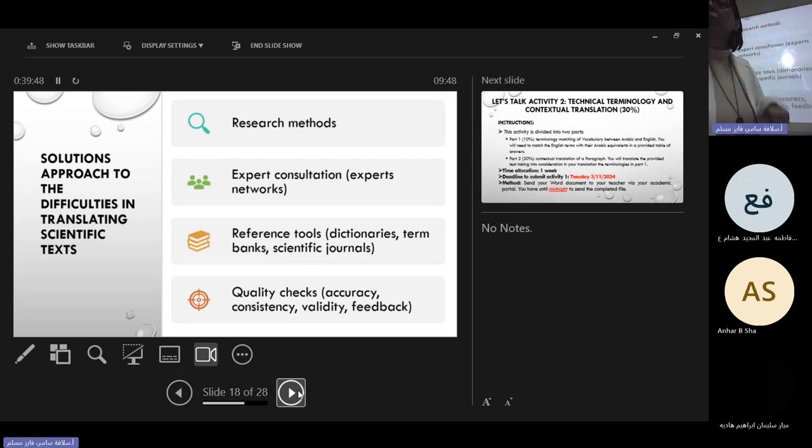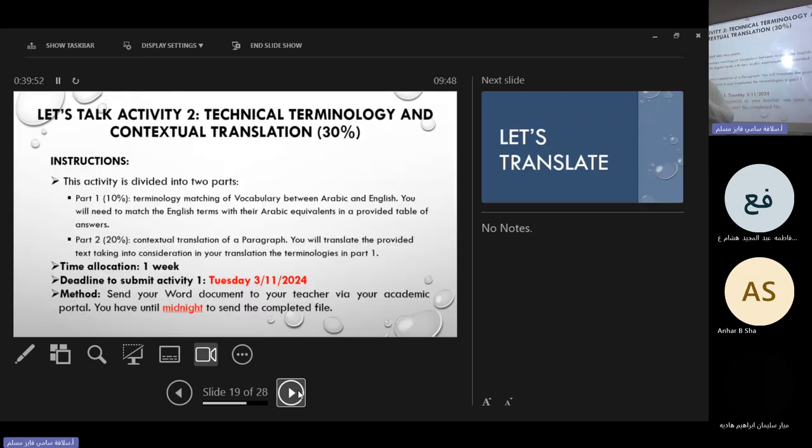Now, we will talk a little bit about the second activity that you will need to do. It's easy, you guys. You will get 30% of your grade like this. It's technical terminology and contextual translation.